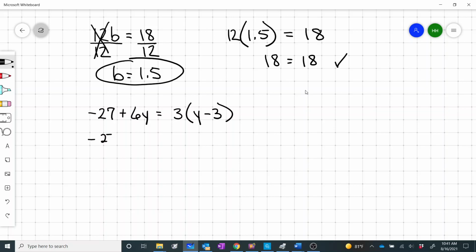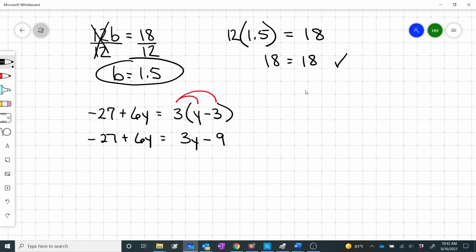We're ready to work with it, so I'm going to rewrite it. This right side of the equation, this 3 has to be distributed. So we got a 3 times a y, and then we got a 3 times a negative 3. So when we distribute this 3, we get 3 times y, which is 3y. If this is minus, this is minus. And then 3 times 3 is 9.